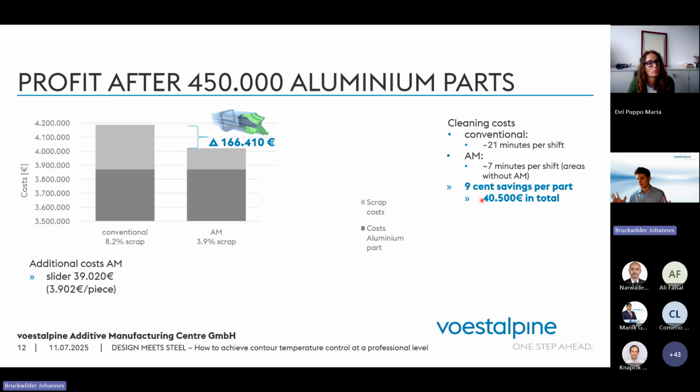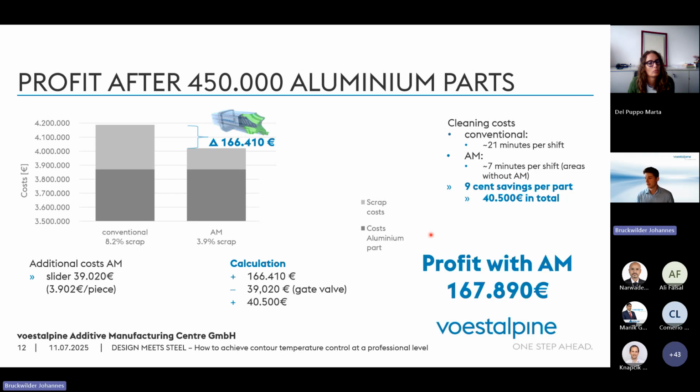So in total, 40,000 euro were saved. And you see, the cleaning costs covered totally the cost for the conformal cooling. And if we make an overall calculation, the profit with the conformal cooling was 170,000 euro.